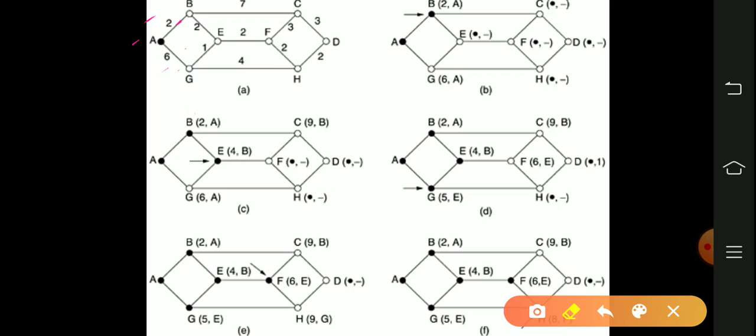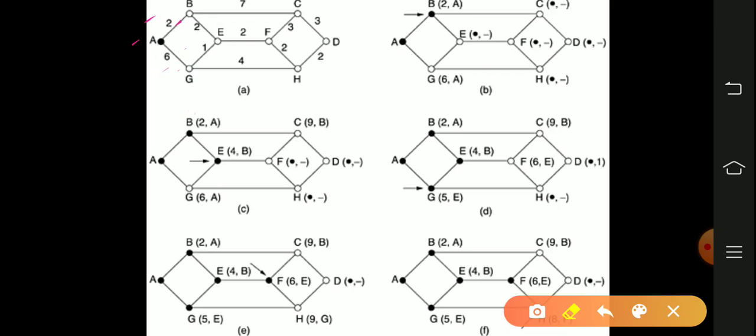So for reaching from A to B, initially all routers should be set up with infinity.